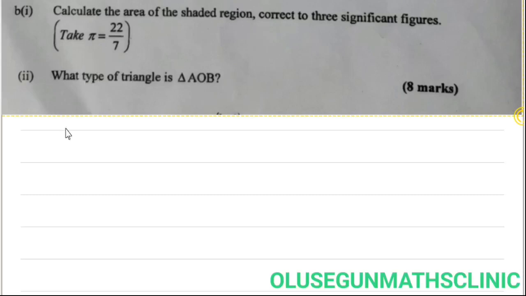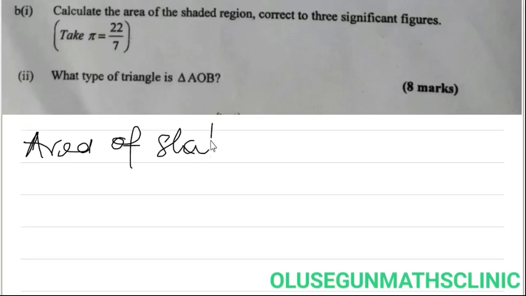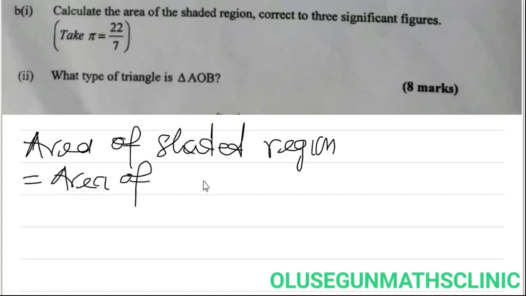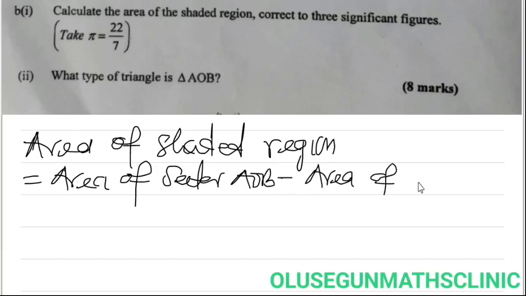In finding the area of the shaded portion, we apply the formula: area of shaded region is equal to area of sector AOB minus area of triangle AOB.